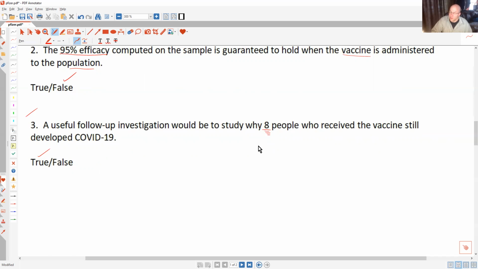So that could help us because, maybe you get vaccinated, but if you're the same type of person that was not protected in the experiment, well, then maybe you still have to be careful and socially distance and take precautions. So that could be a very important thing for informing us on the efficacy and effectiveness of that vaccine.